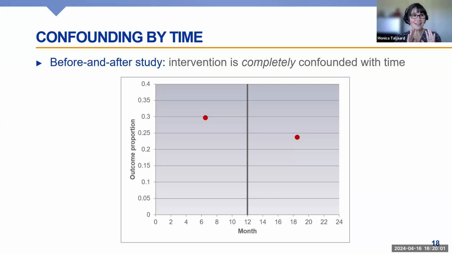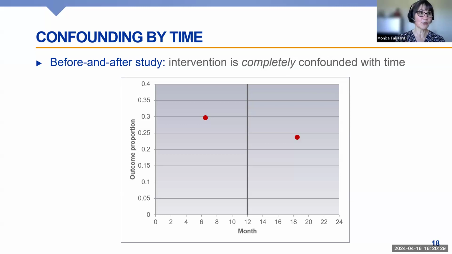Well, we know that is a very, very risky study design to use, because if we see a difference from before to after, we have no idea if that is actually because of the intervention working, or is it just a natural change that would have happened anyway. We call that a secular trend. In other words, were the outcomes already improving even before the intervention was implemented?